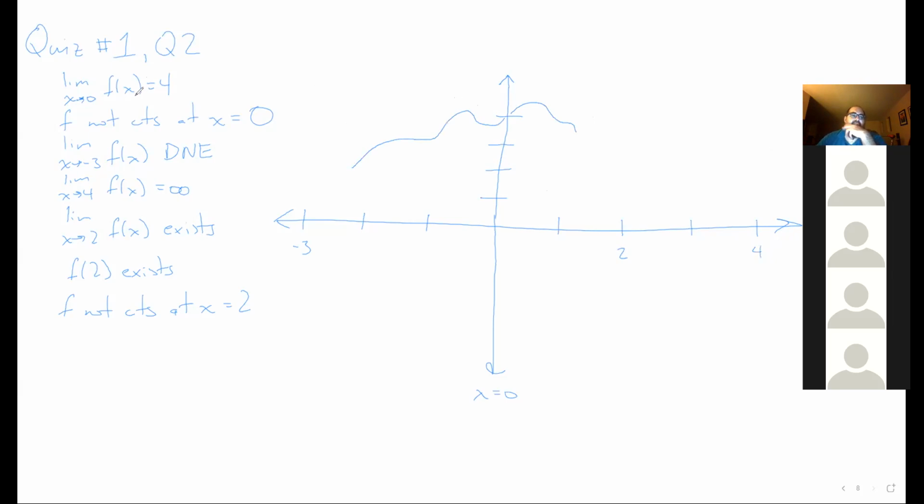But it also says that f is not continuous at x equals 0. What does that mean the graph has to look like where x equals 0? Gotta have an open hole, right? Right. A function is continuous only if the limit at that point is equal to the value of the function.